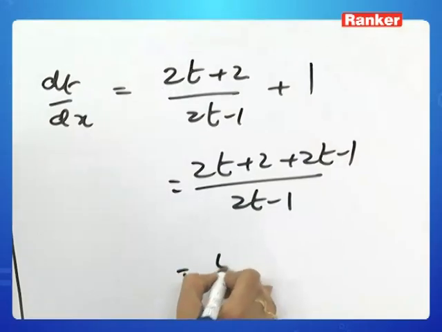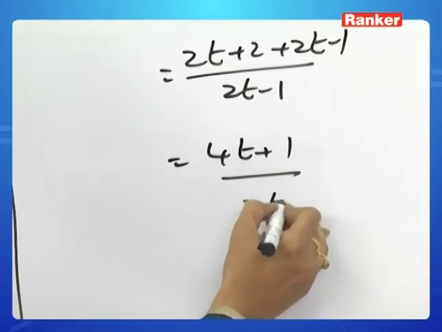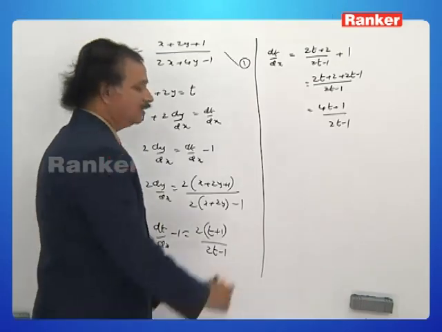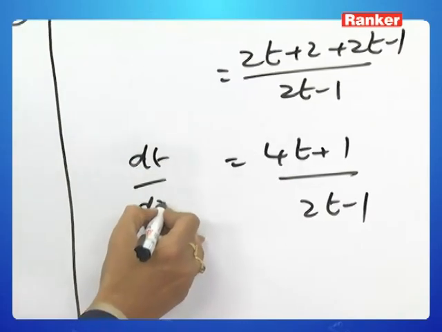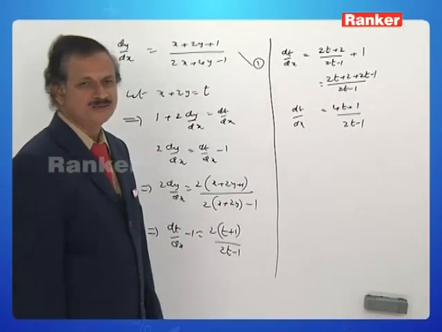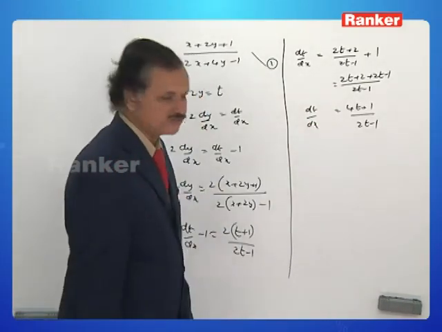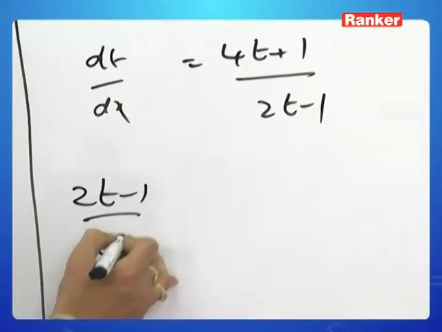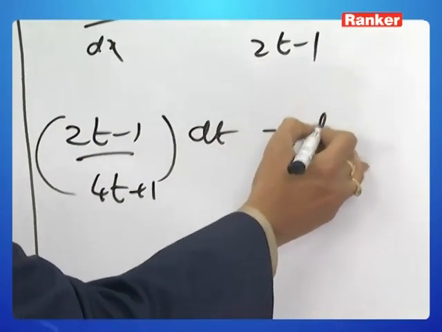Okay, this is (4t plus 1) by (2t minus 1). It is surely, directly, simply, evidently, clearly in the form of variable separable model. You bring all those t's to this side and send dx to the other side, so that you may be having (2t minus 1) by (4t plus 1) dt is equal to dx.